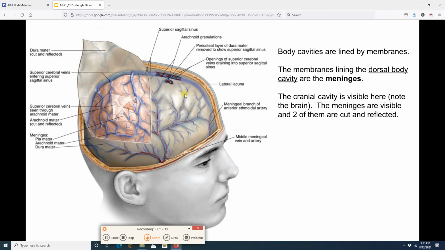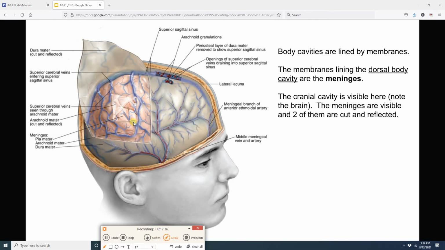Okay, we have cut open a skull here, and so we're looking in the dorsal body cavity. In particular, we're looking in the cranial cavity, and the cranial cavity has the brain in it. What we're going to notice here is we can see some membranes that are being peeled away from the brain. This is a membrane right here, and this is a membrane right here.